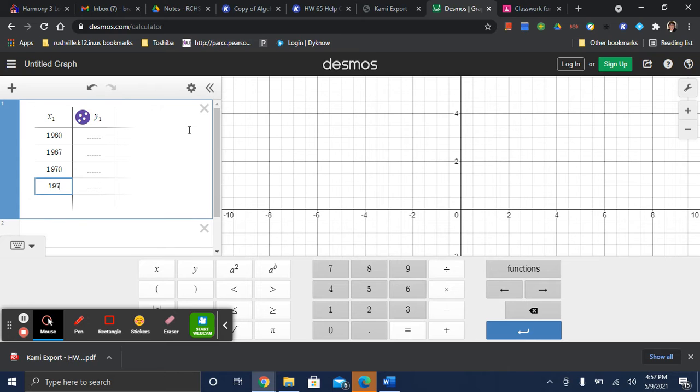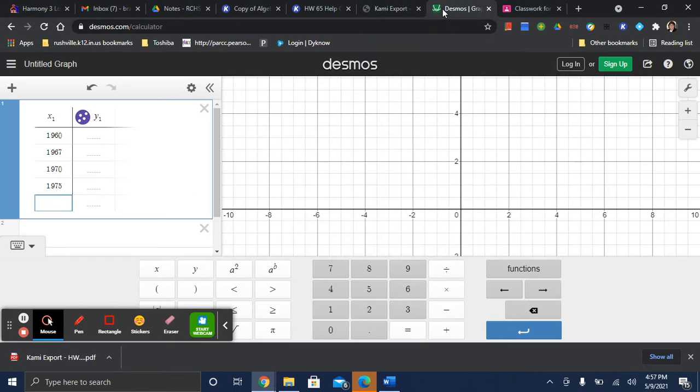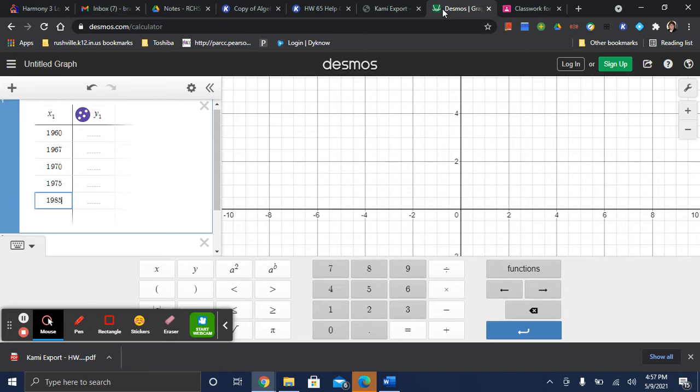And I'm just hitting the down arrow, going from one year to the next. Then we have 82, 85, and 86.